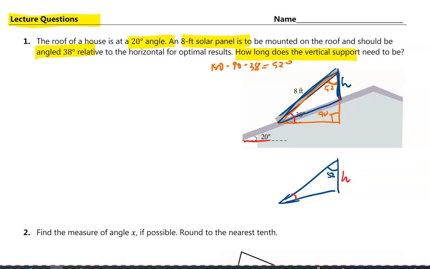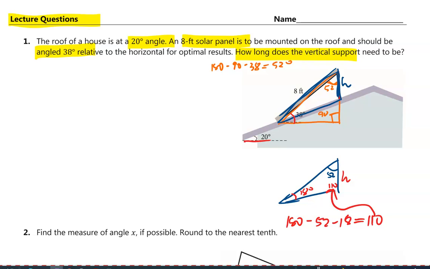So now this is going to be 18 degrees. So if this is 52 and this is 18, so 180 minus 52 minus 18 is equal to 110 degrees, which is this angle. So this is 110.